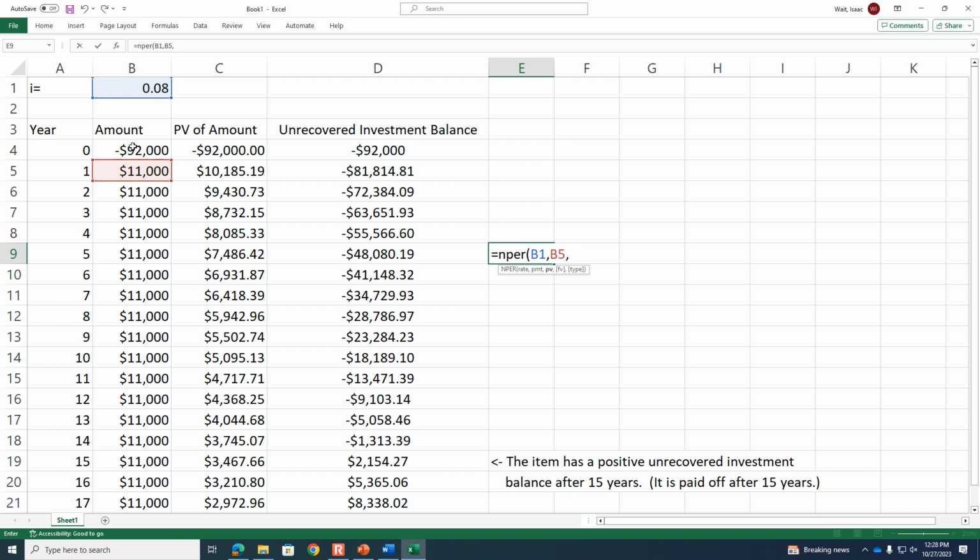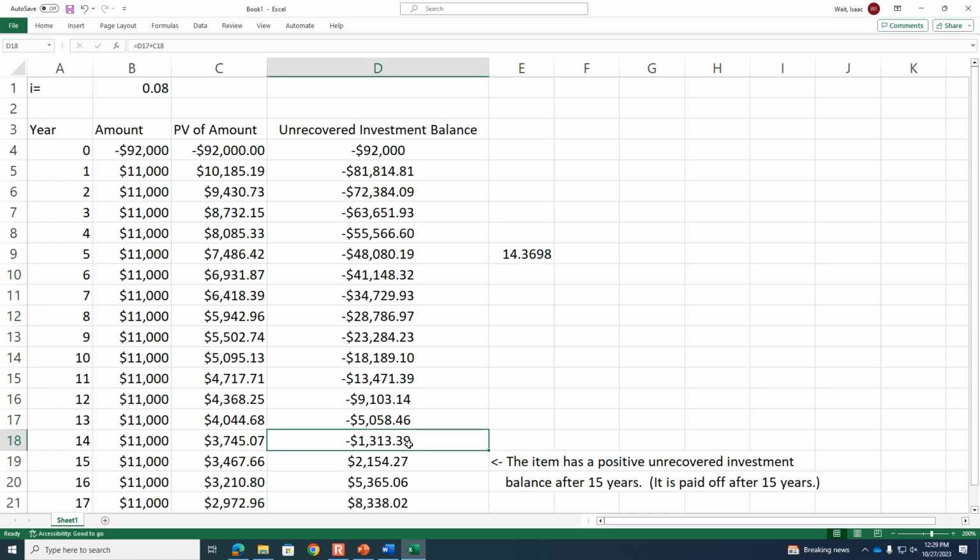The present value is an outflow of $92,000. And we can close parentheses, and what it'll do is it'll calculate how many years to bring equilibrium between the inflows and the outflows at that interest rate and for the amounts that are listed. So it says 14.36.